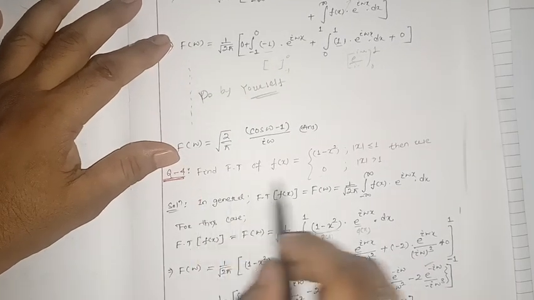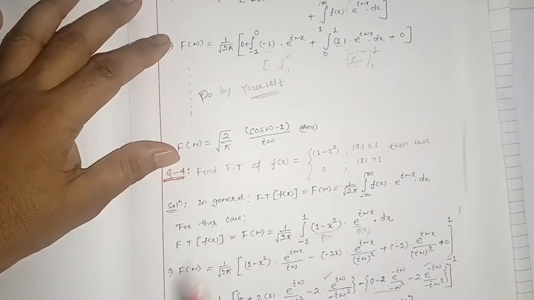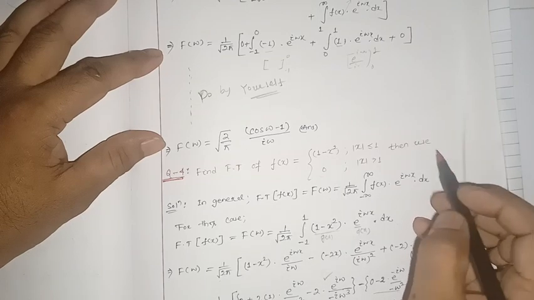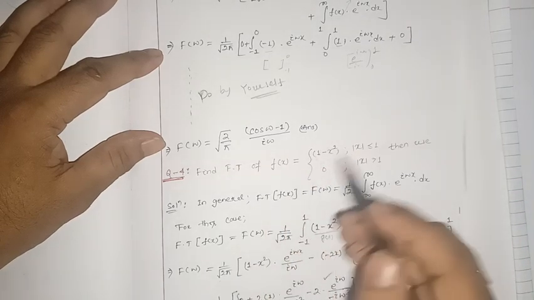Actually, I forgot to write the full question. The question was: we have to find the Fourier transform of this function, then by using the Fourier transform of this function, we have to evaluate one integral.